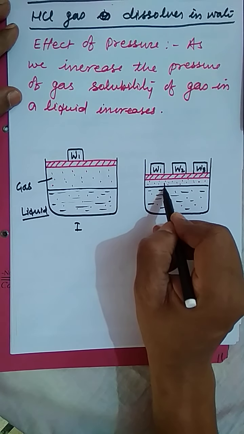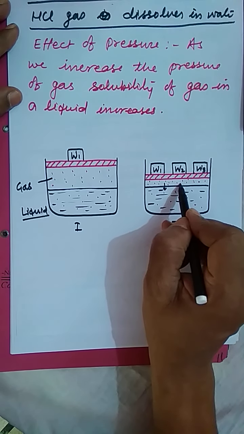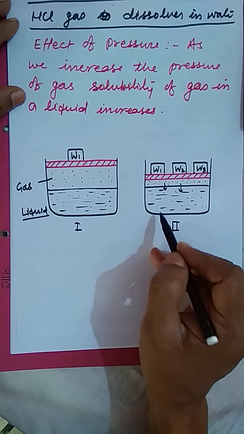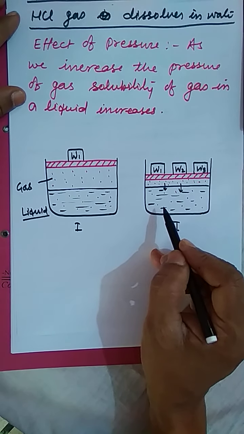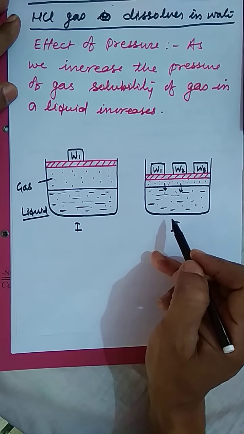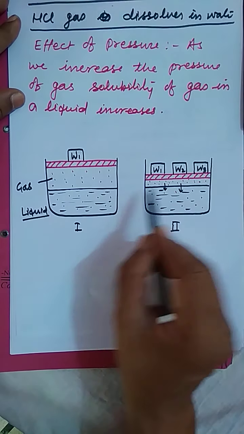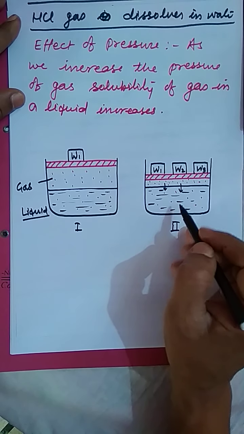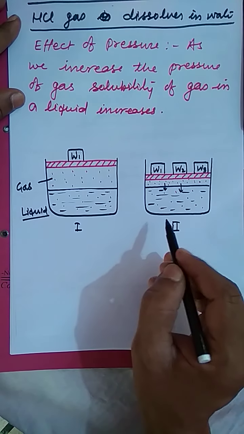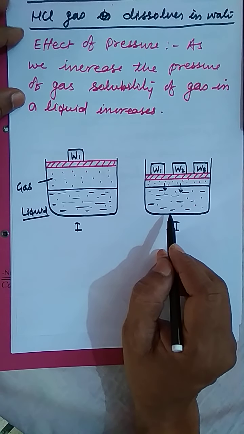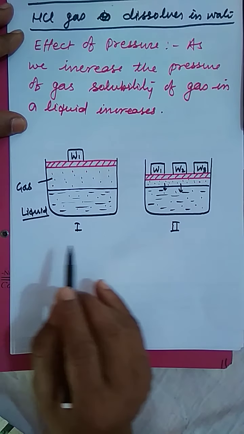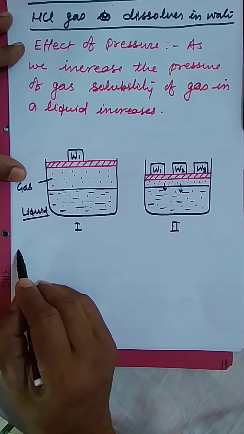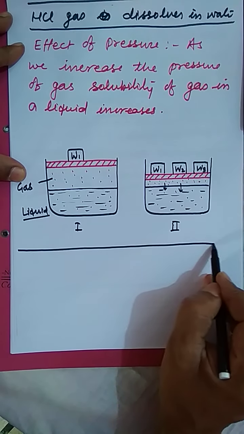Gaseous molecules try to enter the liquid, and another equilibrium exists after dissolution of some gaseous molecules. So we can say that by increasing pressure, the gaseous molecules dissolve more in the solvent, right? So remember this: by increasing pressure, the solubility of gas increases.